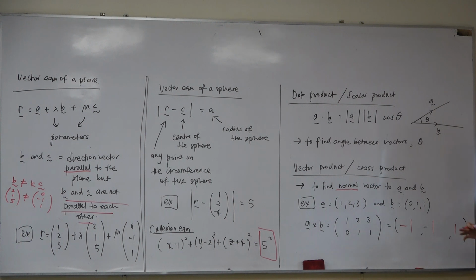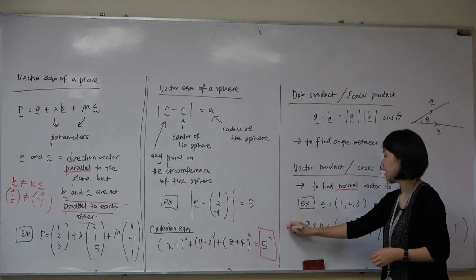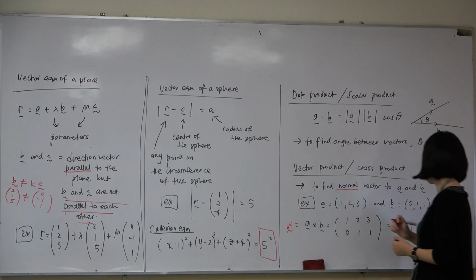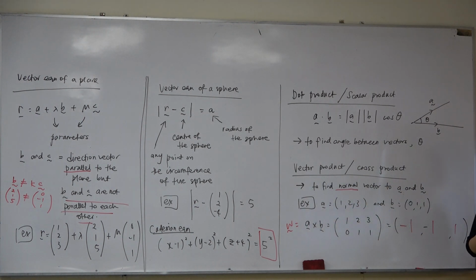So how do you check whether or not you have gotten the right answer? Let me let W be negative 1, negative 1, 1, and note that W is perpendicular to both A and B. Checking like that wouldn't give you more marks, but it is to make sure that you have gotten the right answer.